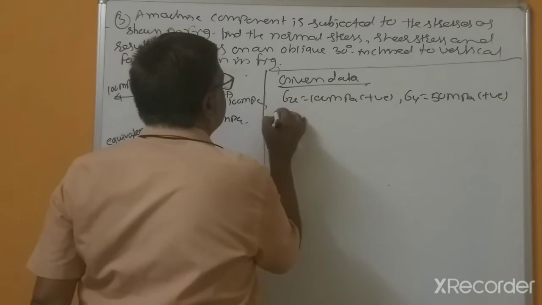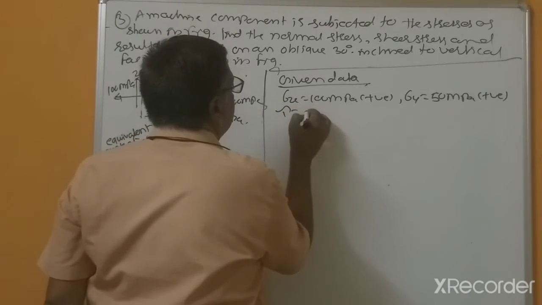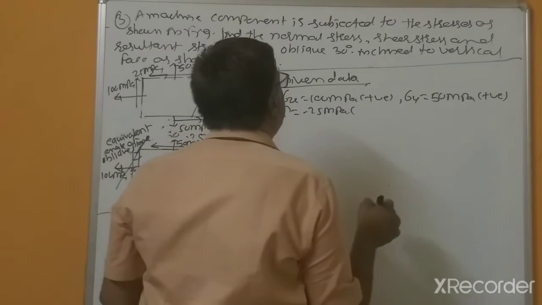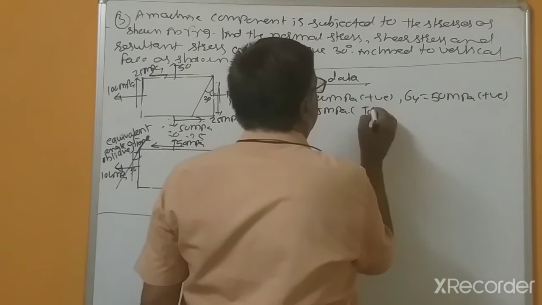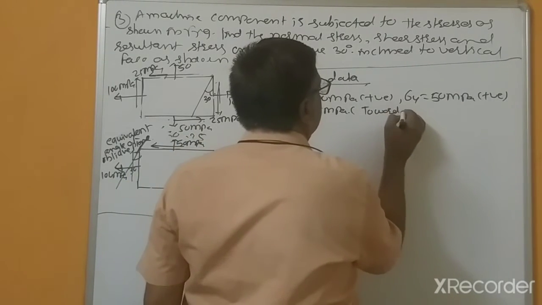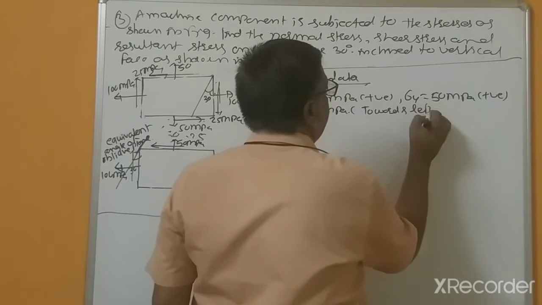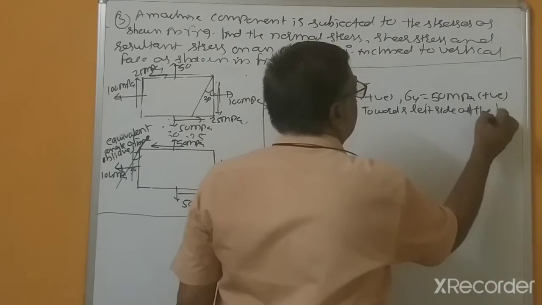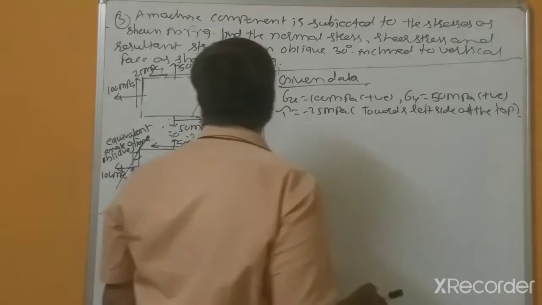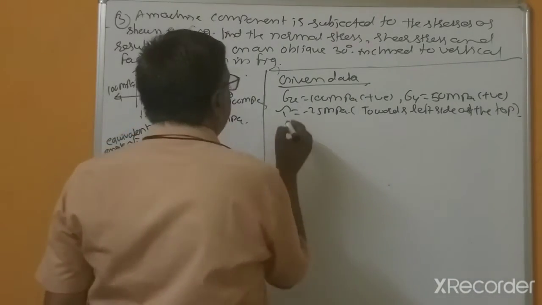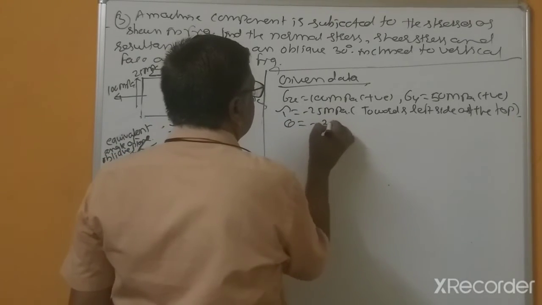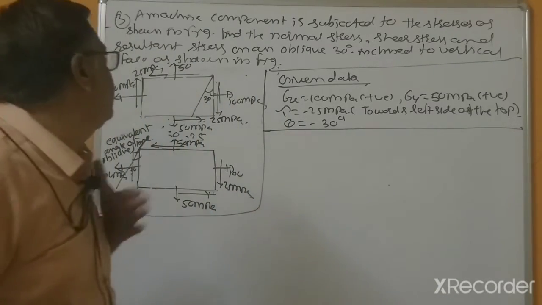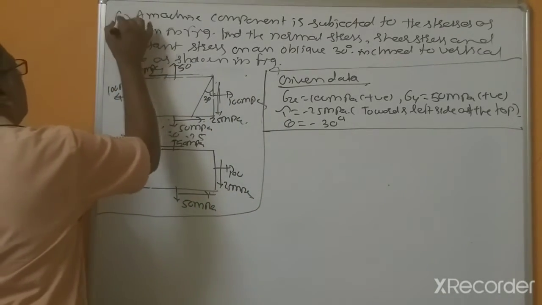Shear stress tau is equal to minus 25 megapascals, negative because it is towards the left side at the top. Theta is again minus 30 degrees. So this is the case. So this is the fourth problem.